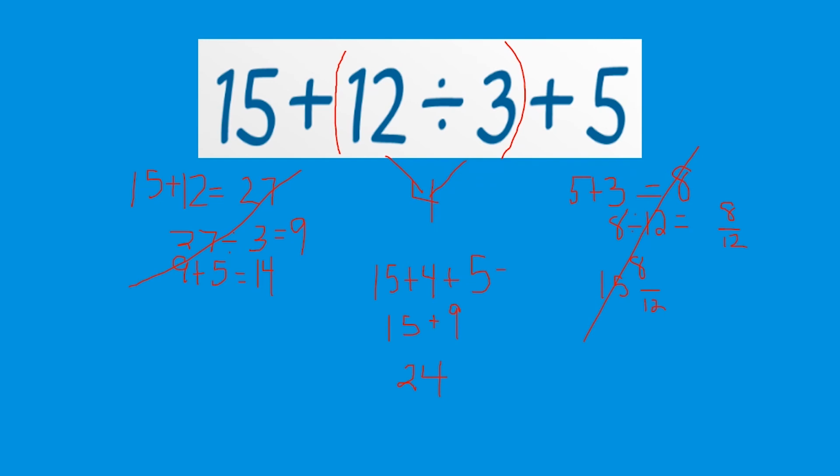So when I use order of operations, I need to start with what's in the middle because it's division, and that's the first order. Then I can work from left to right by adding the numbers together. Using order of operations correctly will help you get the correct answer.